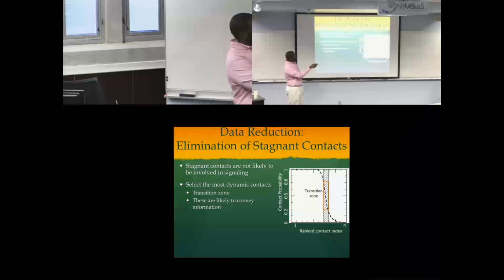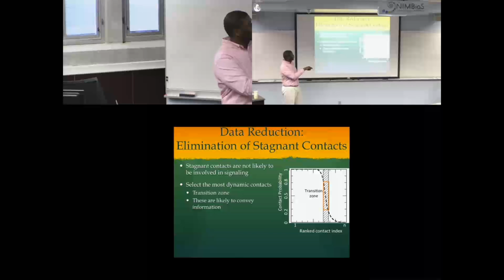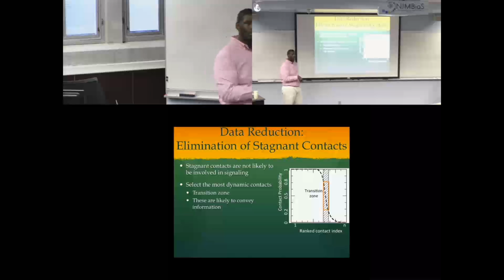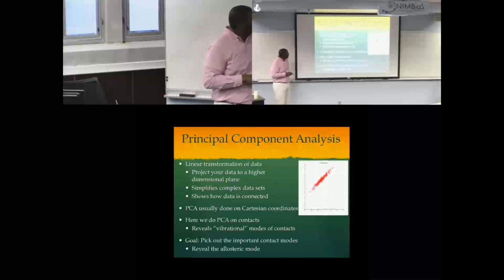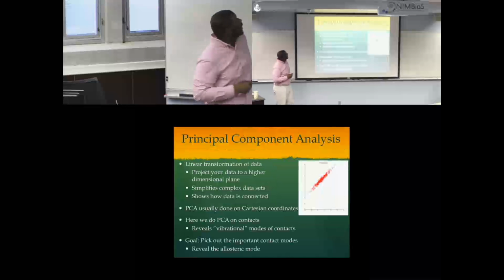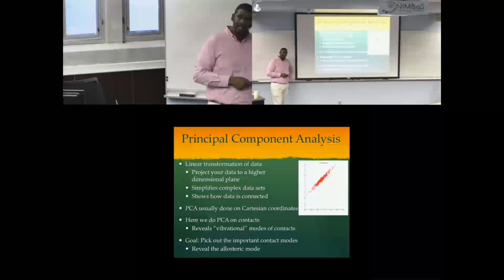Instead of taking all this data, we're going to chop off anything higher than 80% and anything lower than 20%. We're calling 80% or more always formed, and 20% or lower never formed. We're only going to concentrate on contacts in this transition zone, right? Okay. So I ran out of tricks to reduce my data and understand my data.